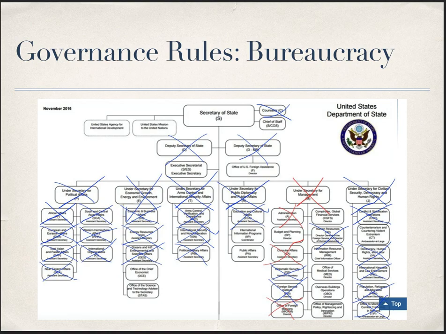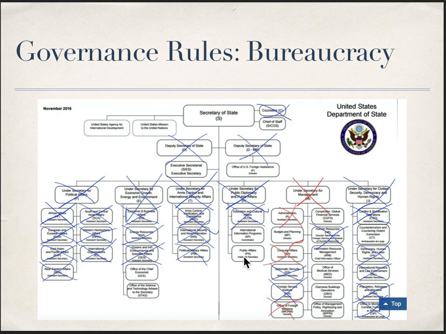This graph is getting a bit outdated, and so I should probably update it. But these are the positions within the U.S. Department of State that Donald Trump had filled a year into his term. And what we see is that there was a Secretary of State, there was a Chief of Staff, and a handful of other really top-level positions.